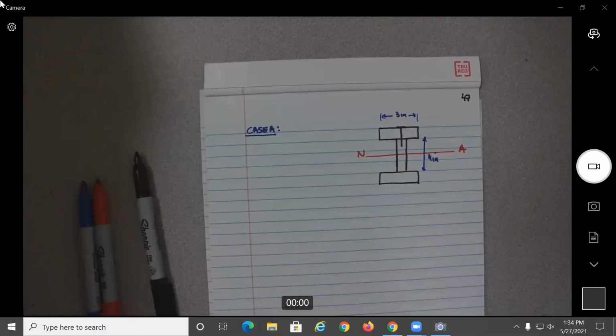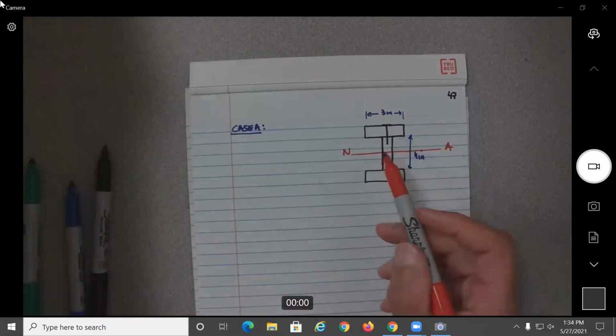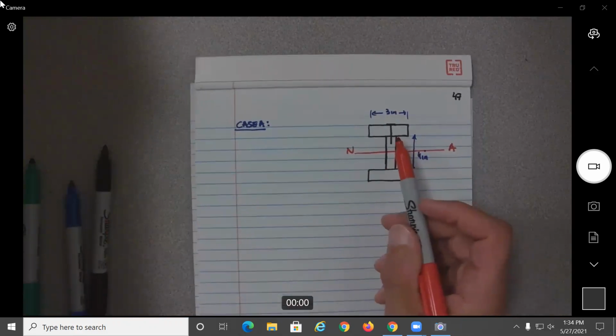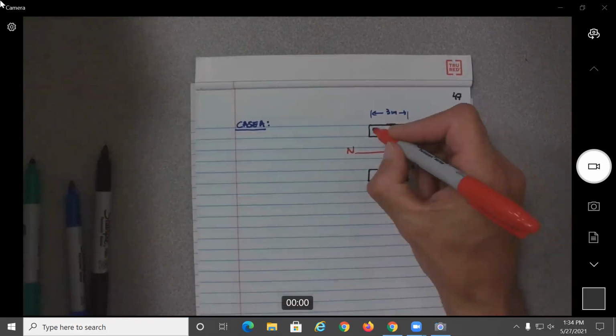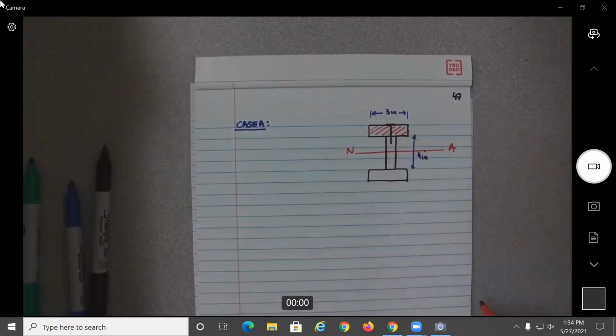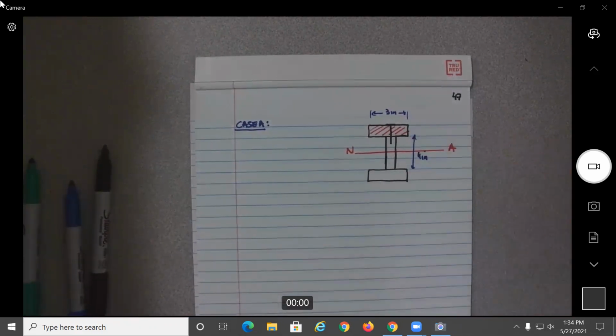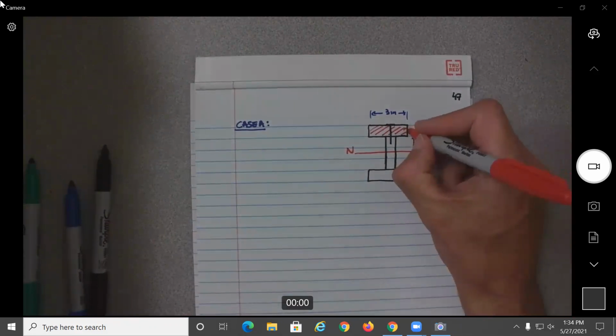Okay, so in this case, what would be the area that the nail will be withstanding? It will be this one over here, no? The force will be perpendicular over here. So what we need to find is the Q of this section here.